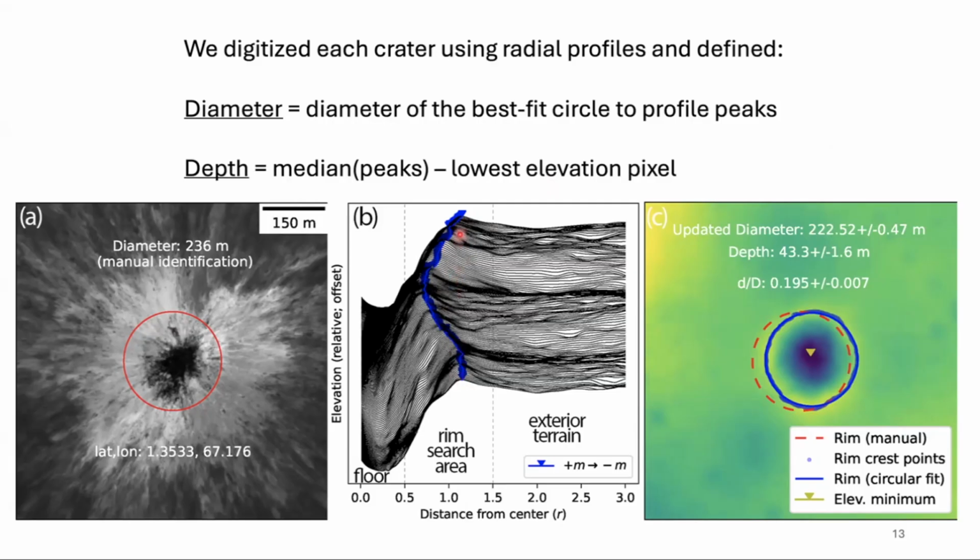And then we fit a circle to the horizontal positions of those peaks. To get the diameter of the crater, we just use the diameter of that circle. And then the depth is calculated as the median elevation of those peak points we identified, minus the lowest elevation pixel.